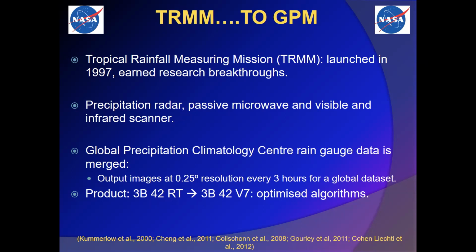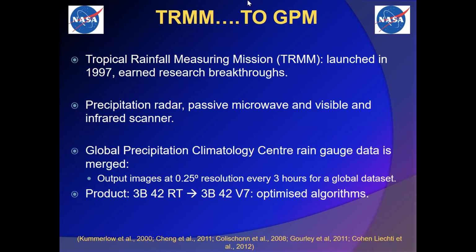The TRMM data set was also merged with the Global Precipitation Climatology Centre, the GPCC rain gauge data set, and using the actual Earth observation satellite remotely sensed rainfall information together with the GPCC data sets, various products were produced at different temporal resolutions. And the most common one is the 3B42RT with its optimized algorithms.